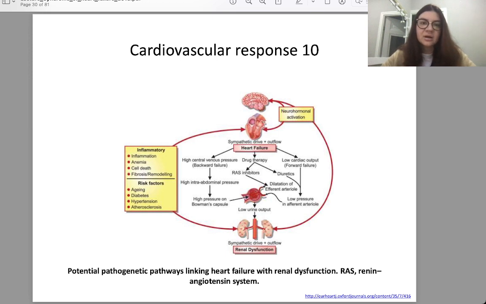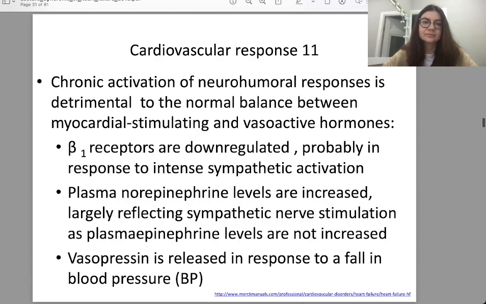Here you see a scheme of the cardiovascular response, the same which I described in the previous slide. Chronic activation of neurohumoral responses is detrimental to the normal balance between myocardial stimulating and vasoactive hormones. What hormones?